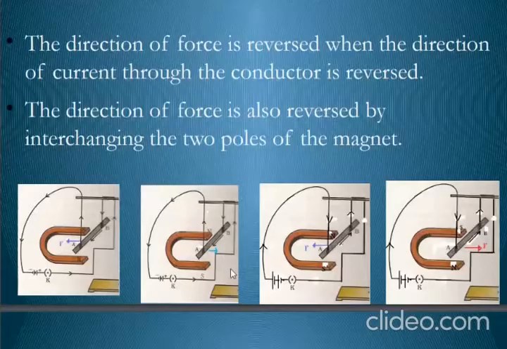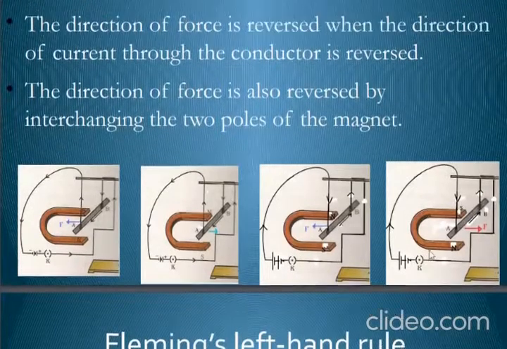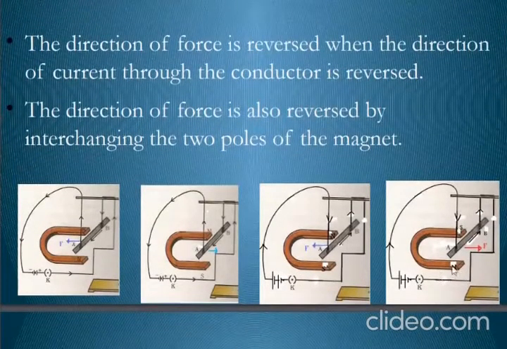Now here the pole pieces remain the same, but the direction of current is reversed, then the force would be reversed compared to this one. Now, if both the direction of current and the pole pieces are changed, then the direction of force will be changed.